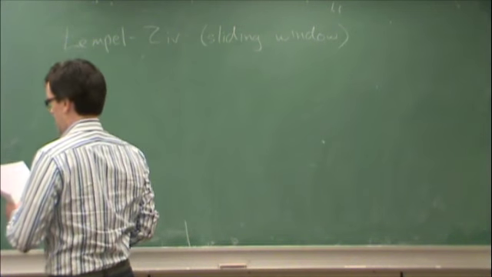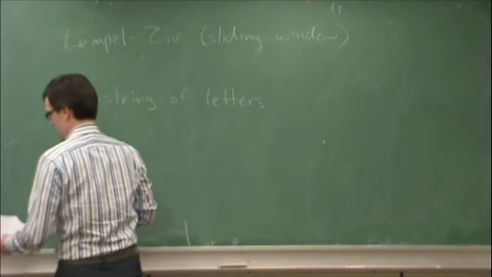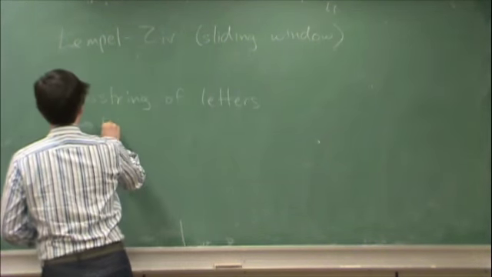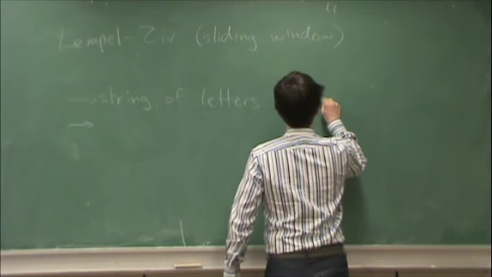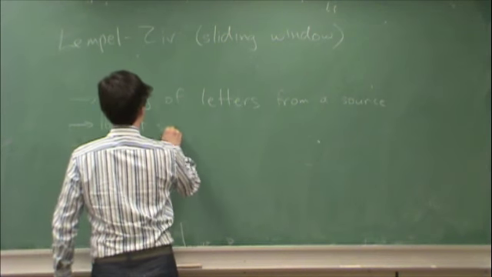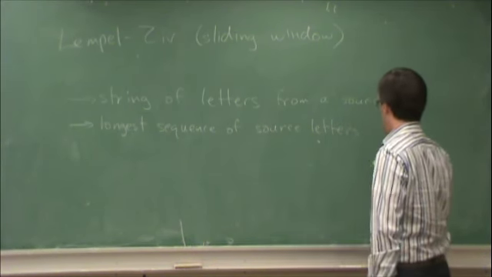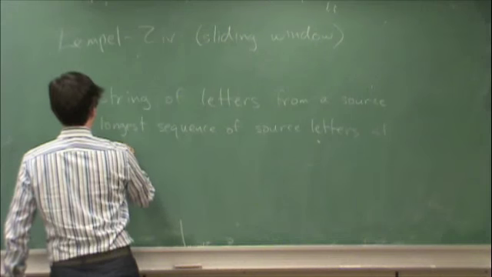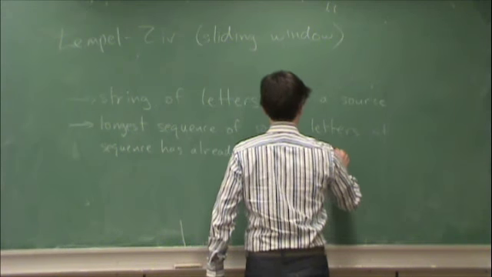So basically we have a string of letters from a source, and we will find the longest sequence of source letters such that the sequence has already occurred in the history of the source.